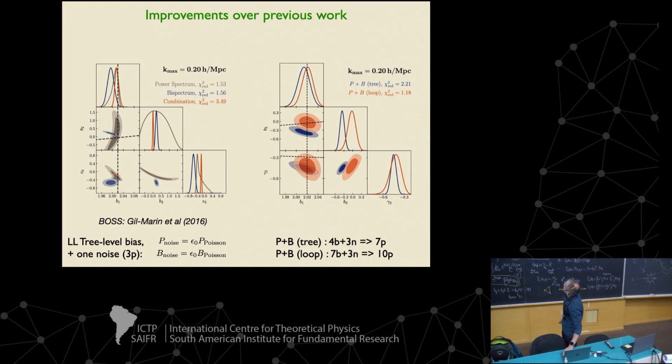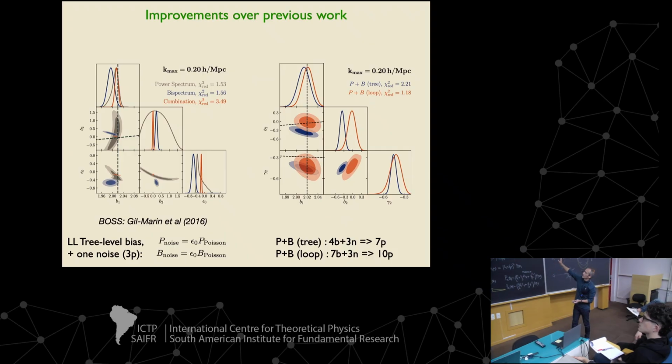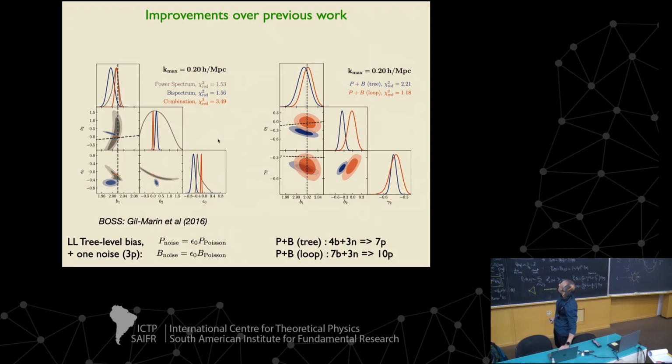Now let's go into the bispectrum, okay? So you may ask yourself, I only presented the tree-level calculation for bias, but we also have been doing the one-loop calculation. So how well can you improve over a tree-level calculation? The left panels show how well you can constrain, by running an MCMC, these bias parameters. Remember, these are free parameters, right?